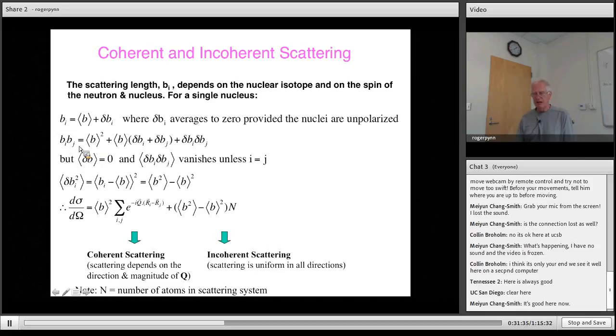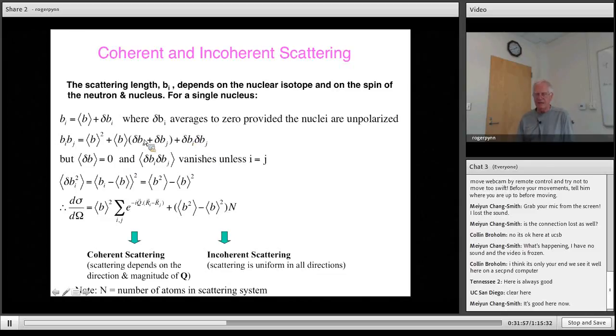I'm going to get a b average times this thing for the i site and this thing for the jth site, and then I'm going to get a product of delta b_i times delta b_j. We know that these things average to 0.